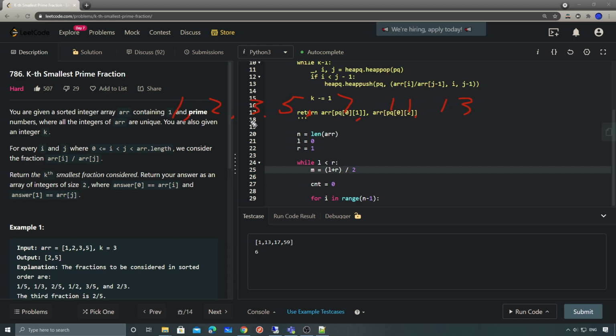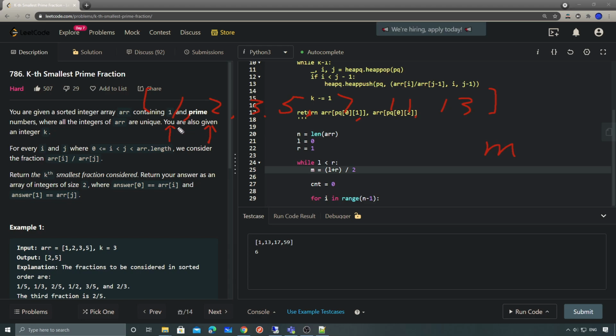So for example, if we have this kind of array here, given a middle point, we start from the first element and the second element.